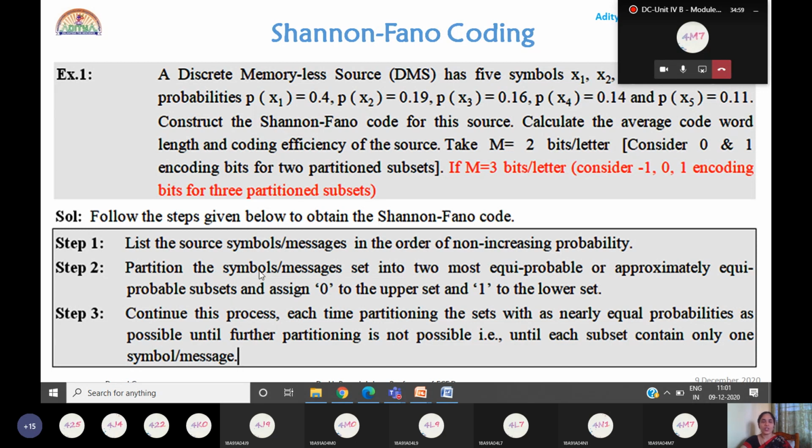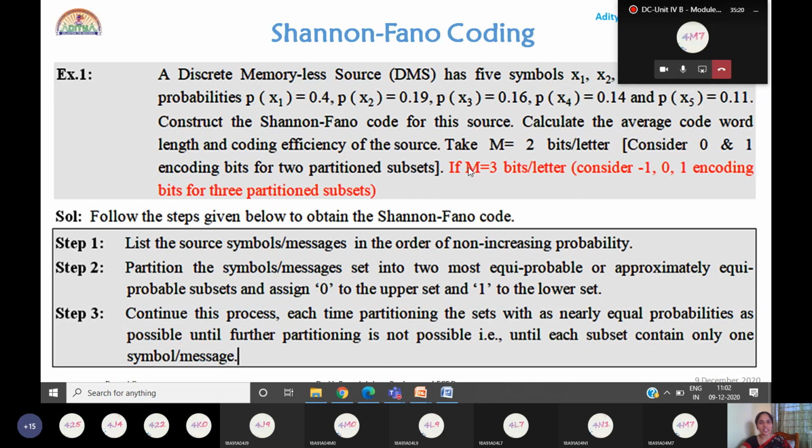So you need to divide the messages, symbols or any elements' probabilities into two subsets. Why am I telling you two subsets only? Because here M is given as 2, and you should assign 0 to the upper subset and 1 to the lower subset.